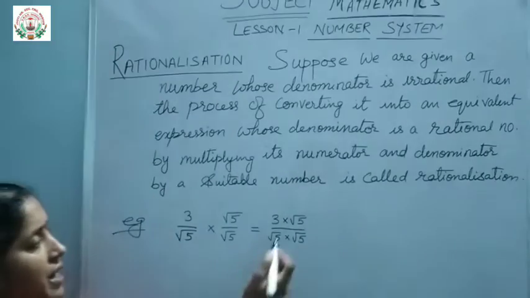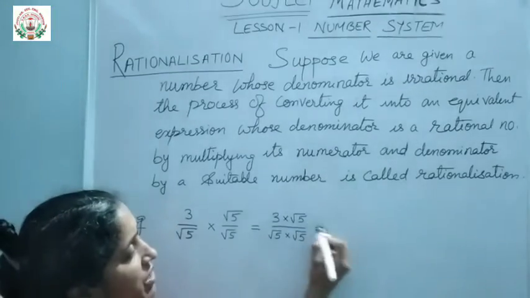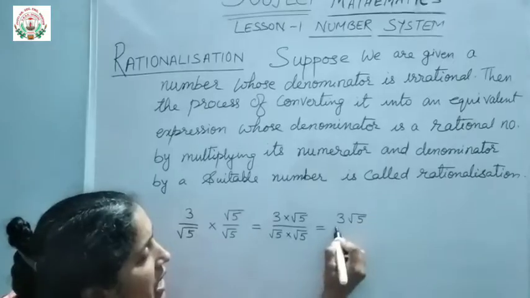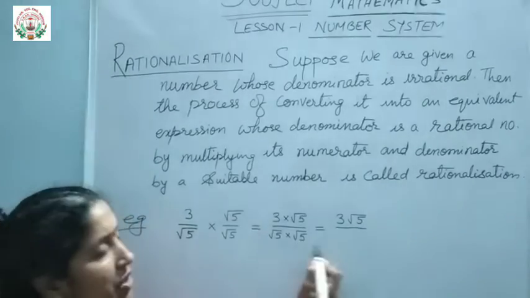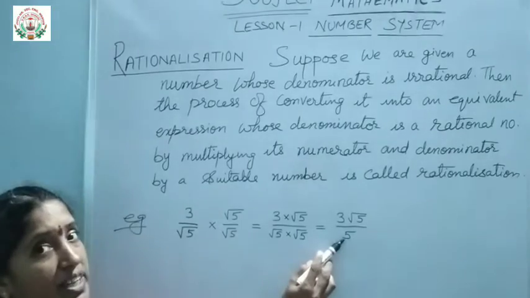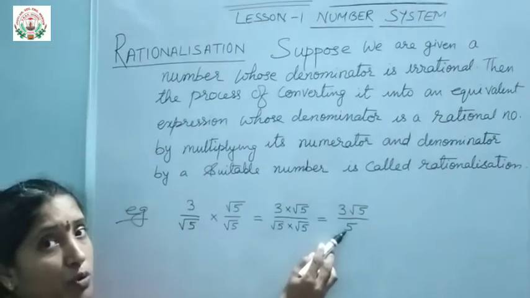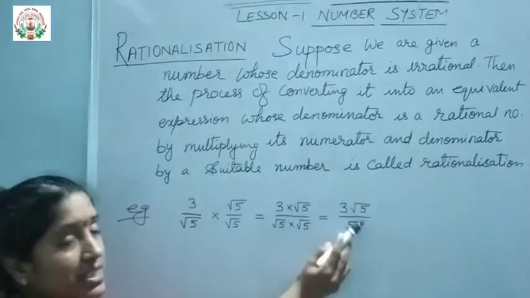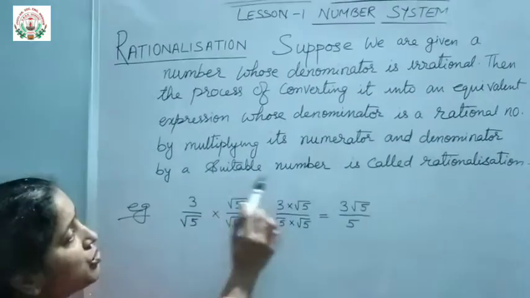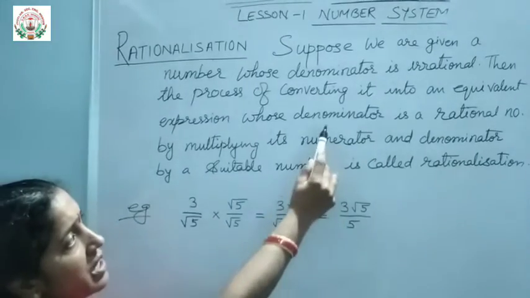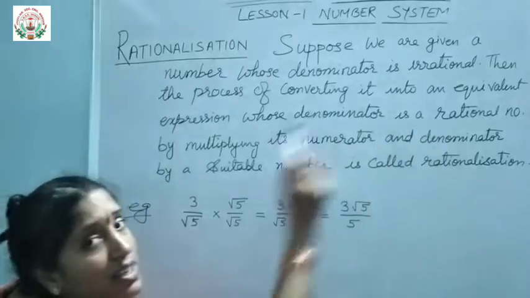Clear, children? Now the numerator will become 3 root 5 and the denominator, root 5 into root 5, will be 5 only. So now you can see the denominator is free from square root, which is a rational number.